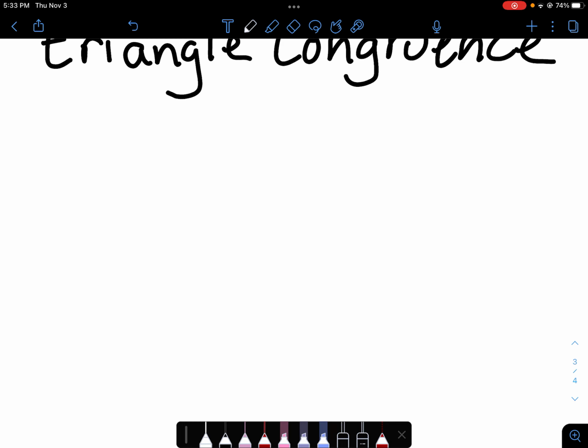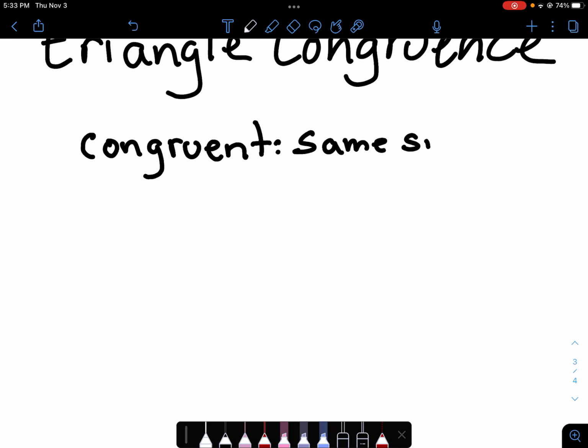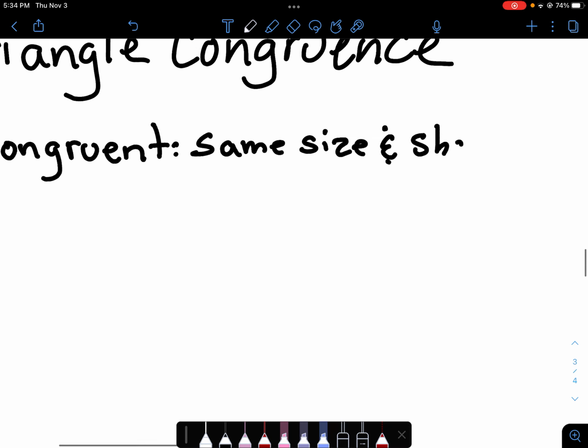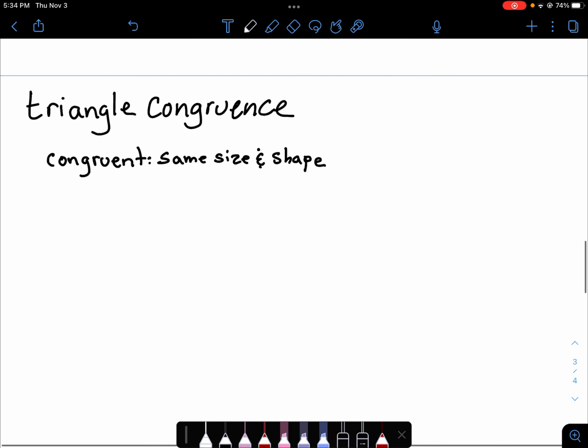So just to write it down, there are a couple types of triangle congruency.